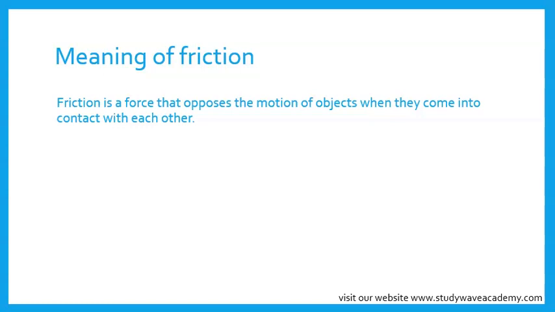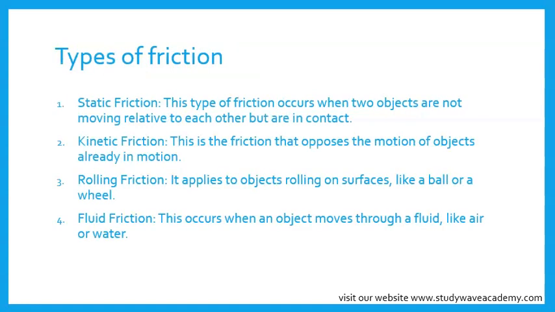Okay, good. So we're going to be looking at the types of friction we have. Static friction. This type of friction occurs when two objects are not moving relative to each other but are in contact.